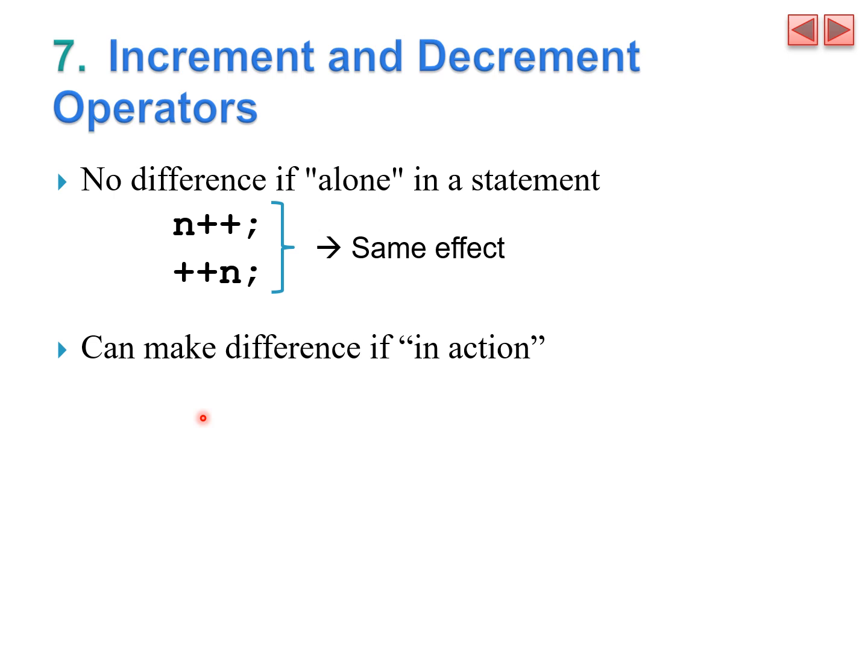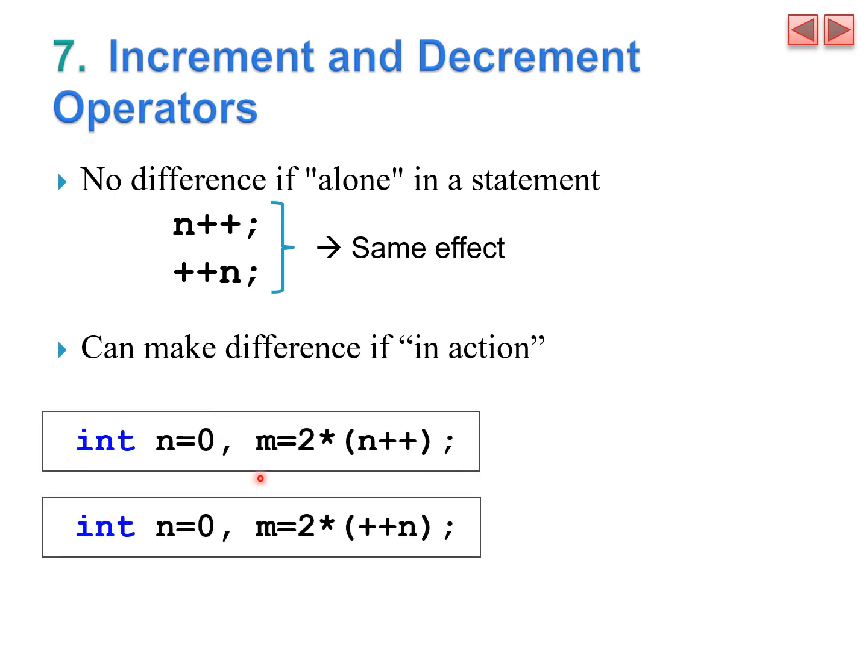Let's look at these two statements, which declare int variables n and m, initialize n to 0, and then initialize m to 2 times an increment of n.